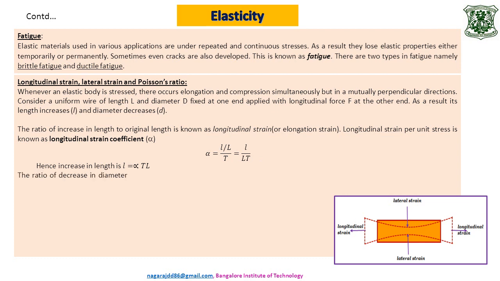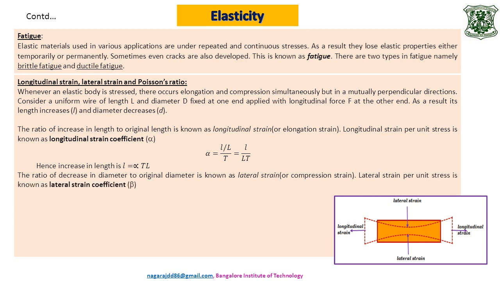Next, the ratio of decrease in the diameter to the original diameter is known as lateral strain. Lateral strain per unit stress is known as lateral strain coefficient. Lateral strain is also known as compression strain. So beta equals (d/D)/T.